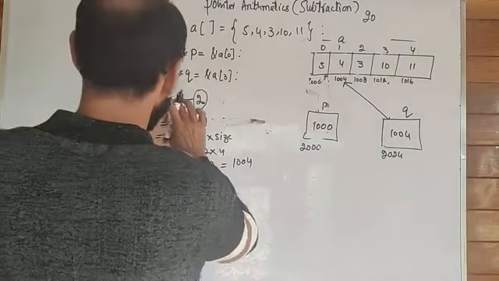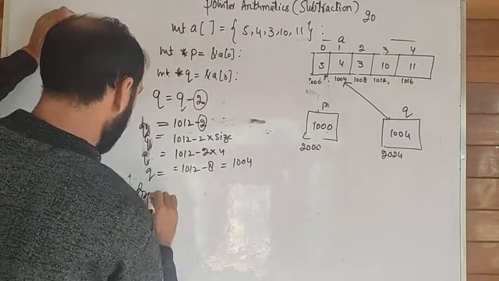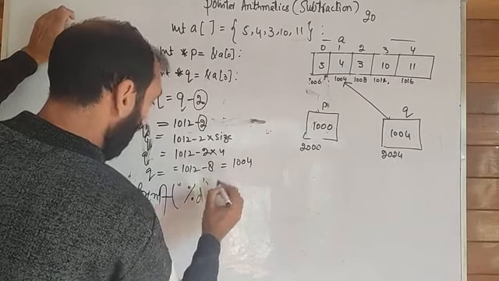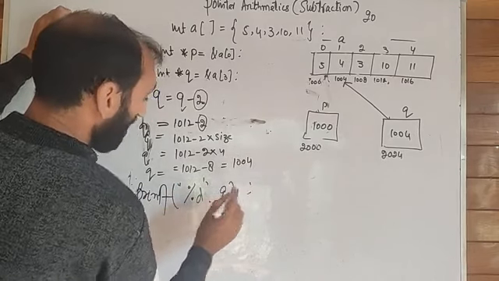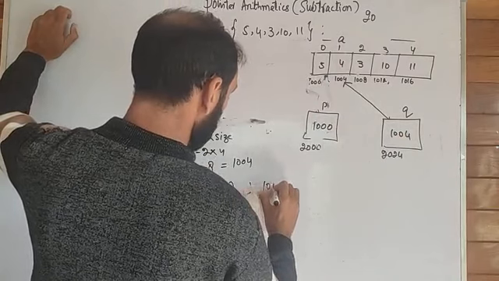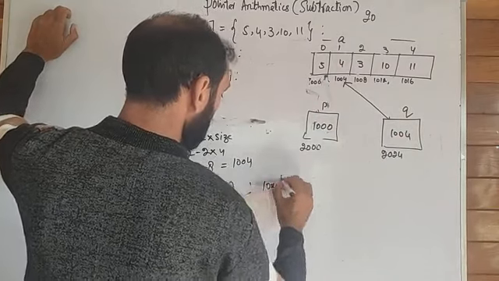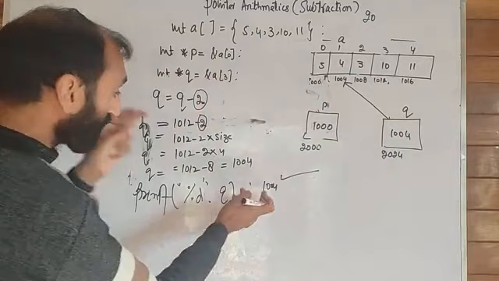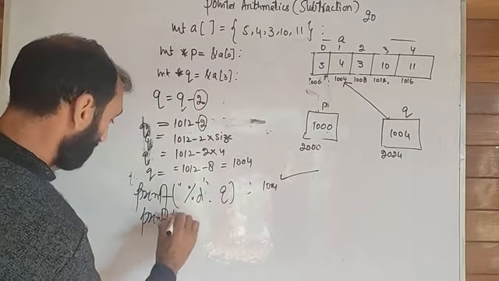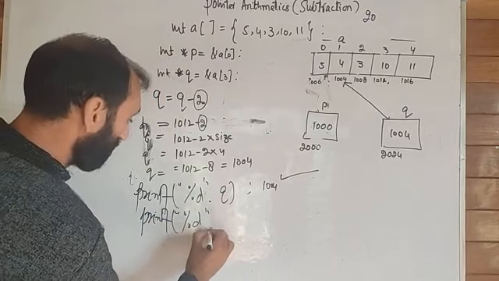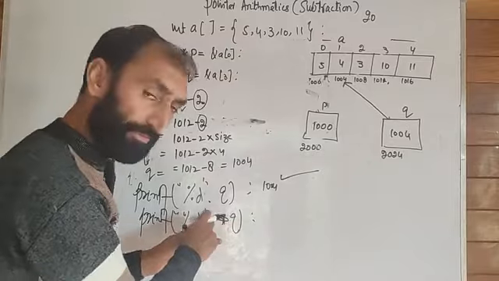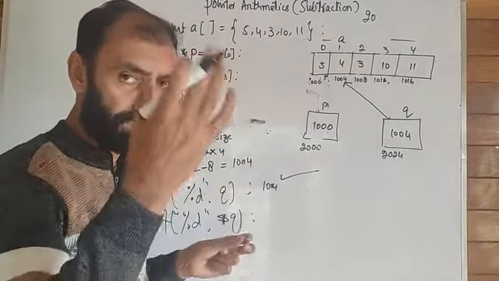So this is the operation on Q. If we want to print, we use printf with %d of Q. Q now contains 1004. If we want the content of Q, the value at that address, we must use the indirection operator, which we have already discussed in the previous video.